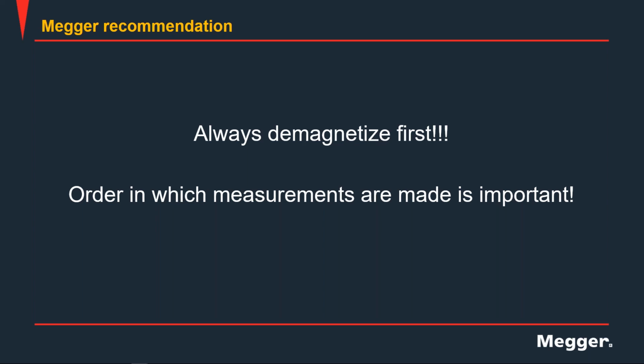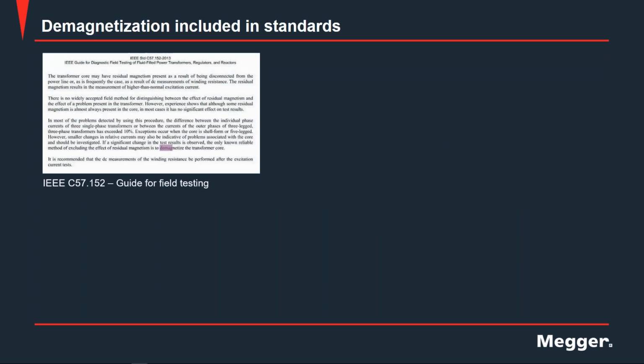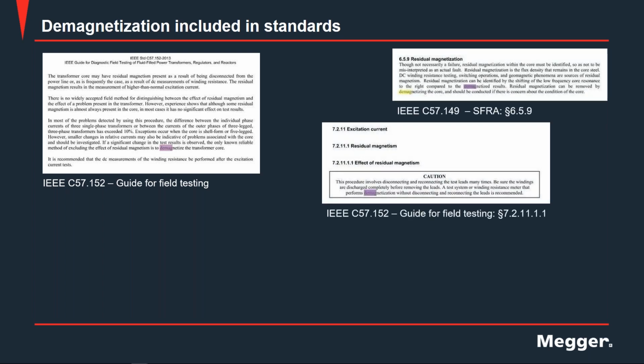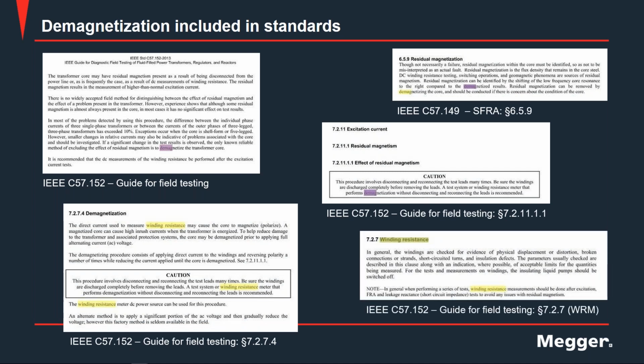And while that is Megger's recommendation, if you look at the standards, demagnetization is mentioned multiple times, whether you're doing an SFRA test, excitation current, and even when you're doing winding resistance, it will tell you that you have left the transformer magnetized. So Megger recommends doing demag first, and demagnetization is recommended all over the standards.